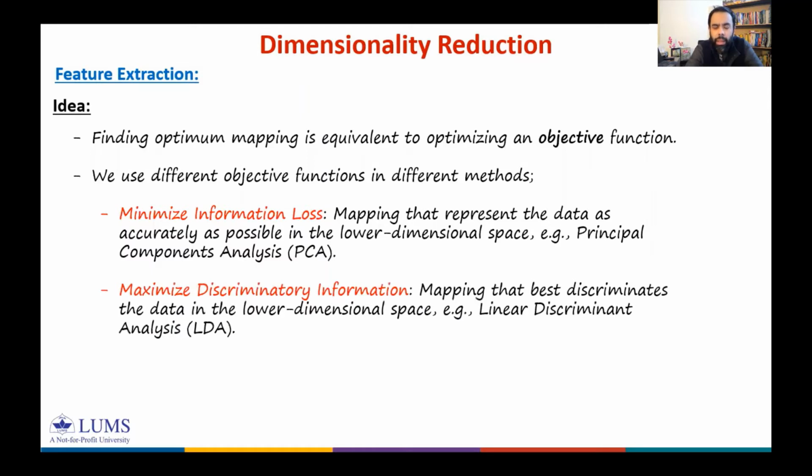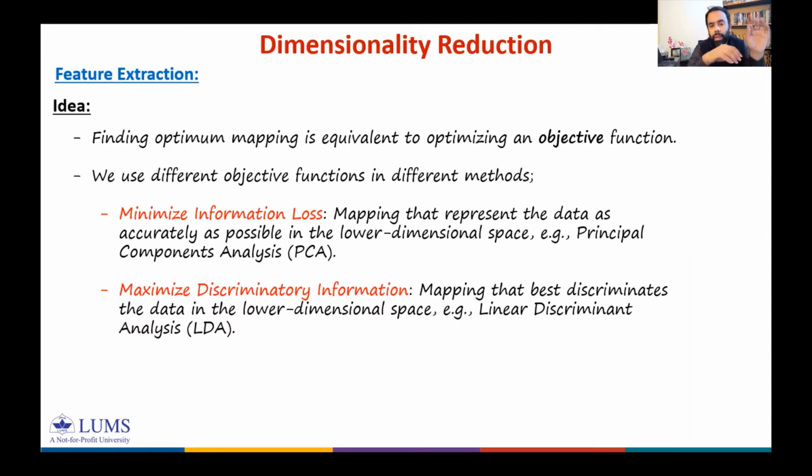Another group of methods maximize the discriminatory information. That means these methods maximize the ability to discriminate in the lower dimensional space. An example is linear discriminant analysis. Let me summarize the difference.